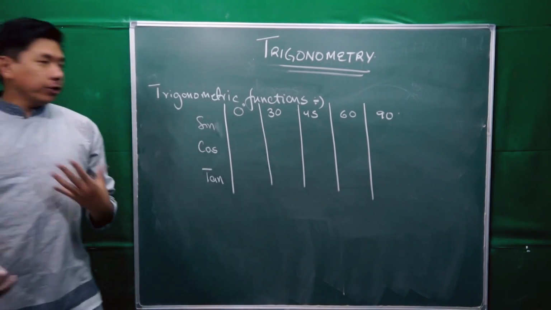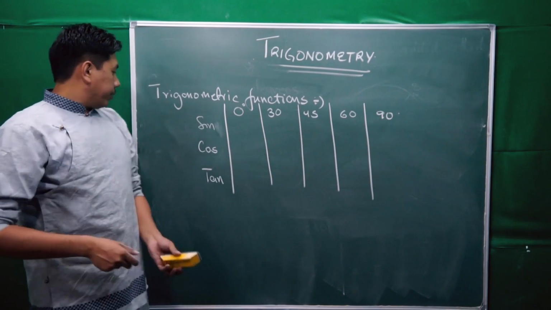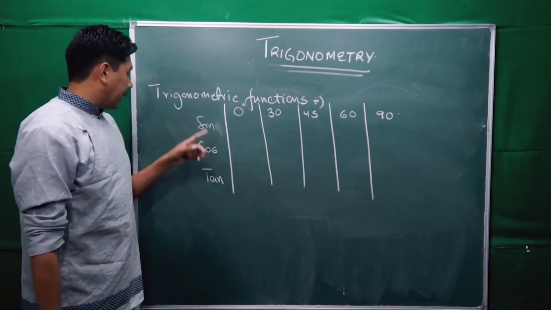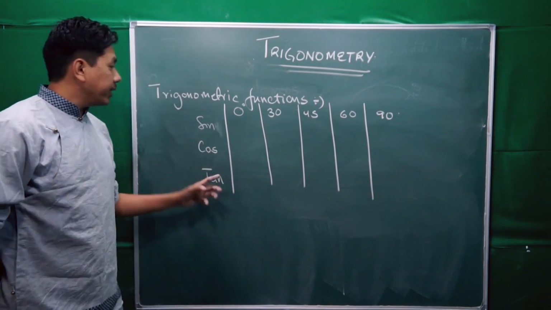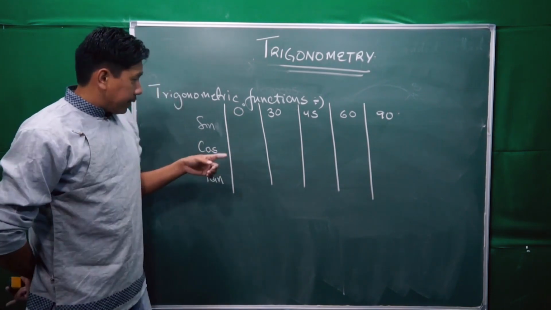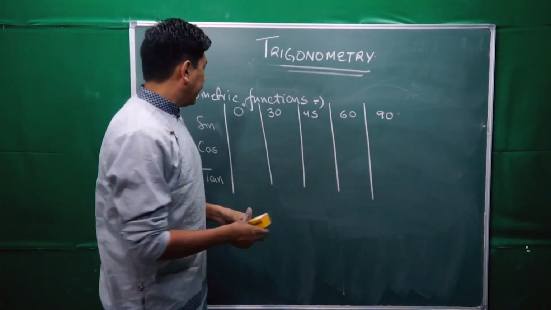These are the certain ratios that we used. And these are the trigonometric ratios that we talked about in class 10: sine, cos and tan, or sine, cosine and tangent as we know them to be, for the angles 0, 30 degree, 45 degree, 60 and 90 degree.